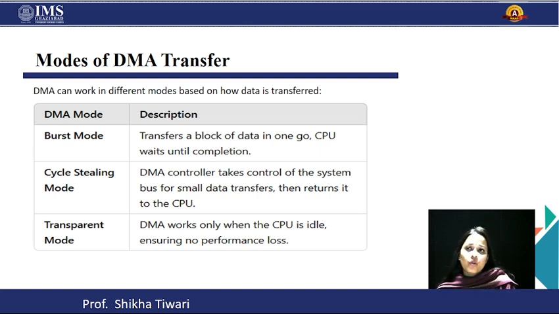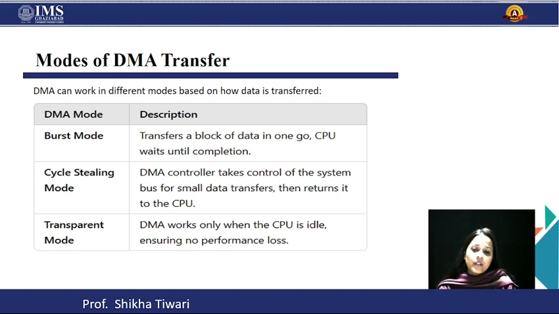Like if you want to transfer those 10 words, suppose you have done the data transfer of 5 words, then the CPU can take over the control of the buses at the time of the 6th word transfer. But in burst mode, it cannot be done until the whole block is transferred. So this is the difference between burst mode and cycle stealing.